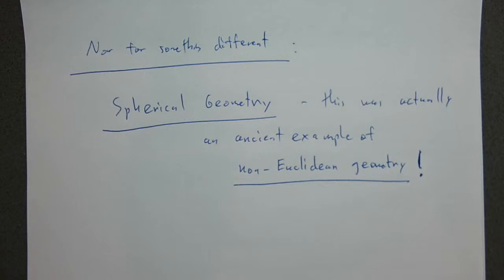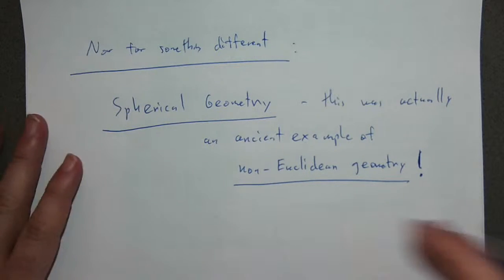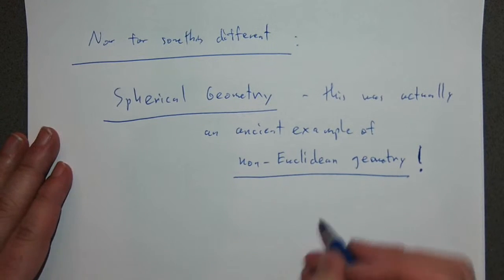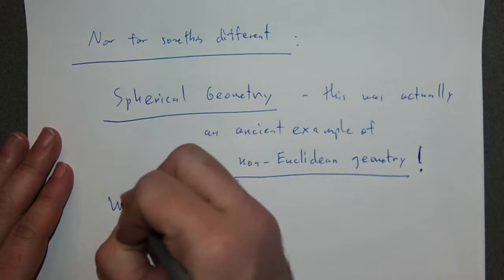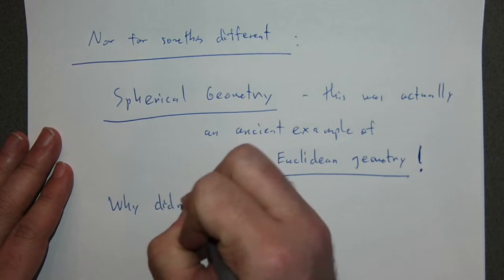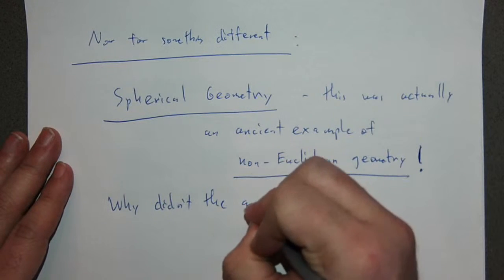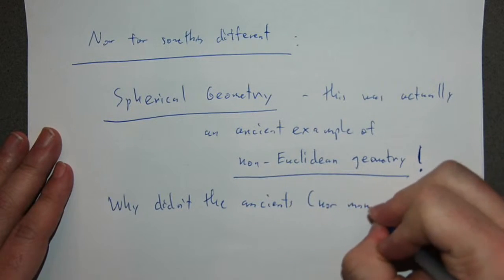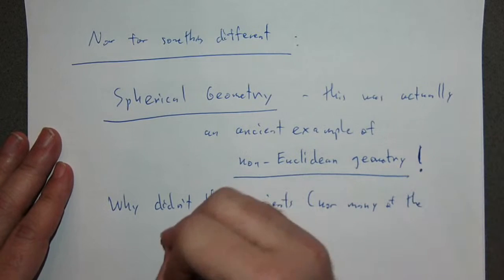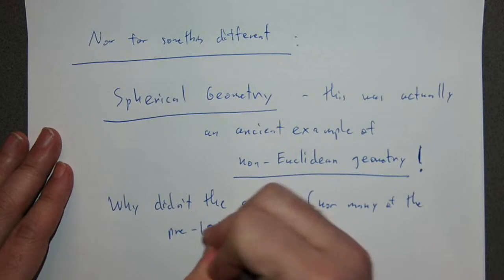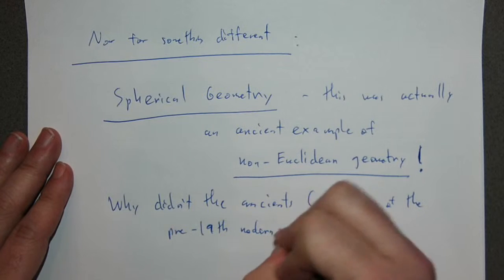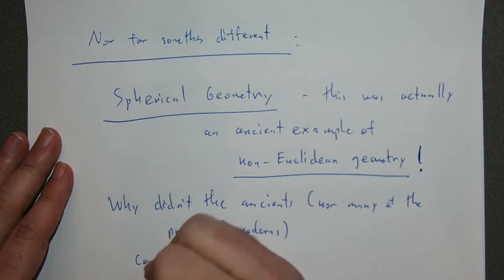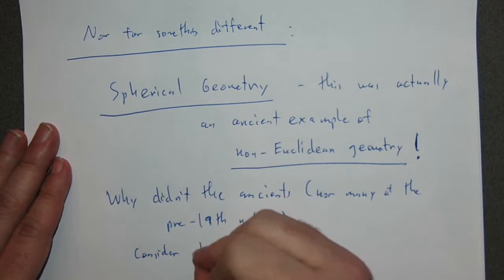So what is it that's going on here? Maybe I should write here, because I'm going to talk for a bit and I'm not going to write it all out because it would take forever. So the question is, why didn't the ancients, nor many of the pre-19th century moderns, consider this non-Euclidean?